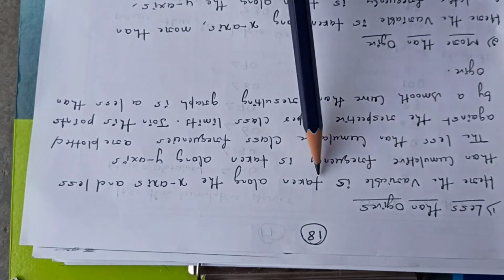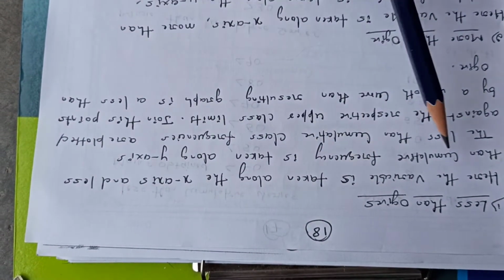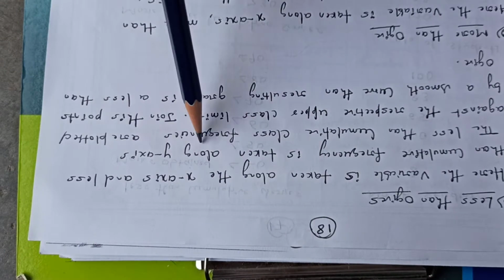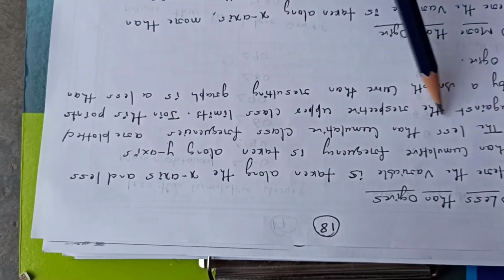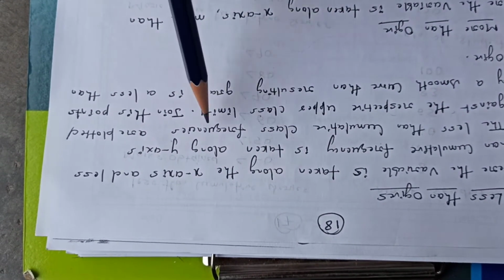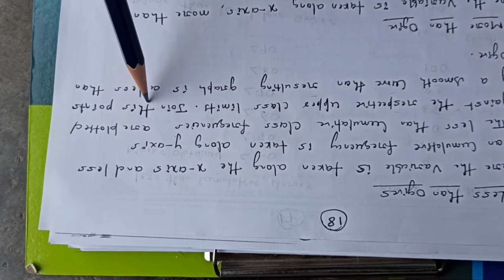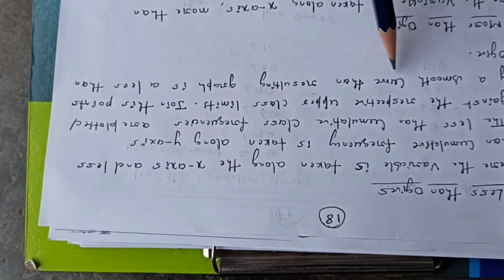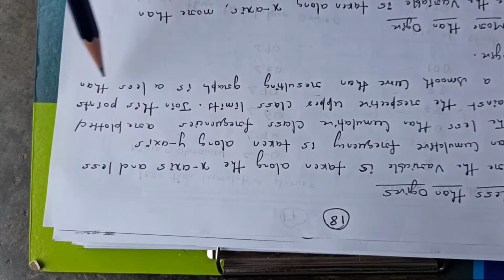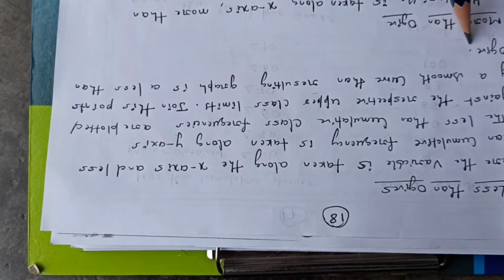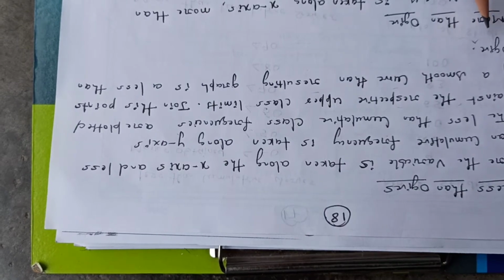The variable is taken along the x-axis and less than cumulative frequency is taken along the y-axis. The less than cumulative class frequencies are plotted against the respective upper class limits, and if you join these points by a smooth curve, then the resulting graph is a less than ogive, or cumulative frequency curve.